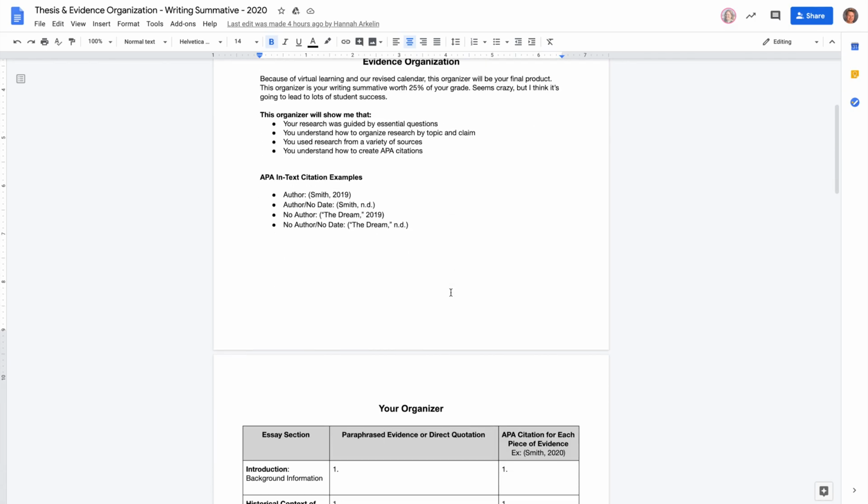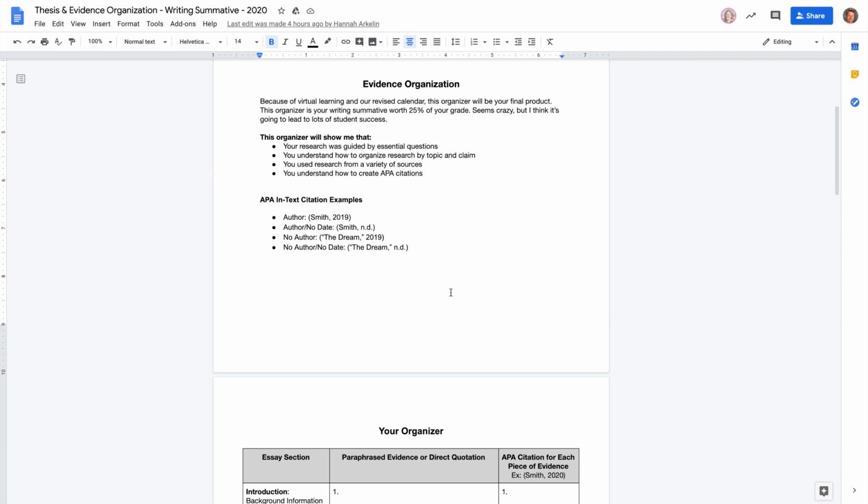Okay, moving on. Evidence organization is the next step in this process. And because of the revised calendar and the virtual learning that's happening this trimester, normally, of course, you would have to write the entire paper. That's not happening. You don't have to write the entire paper.